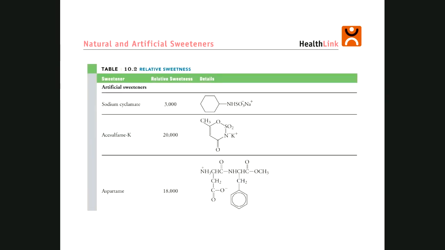The artificial sweeteners are orders of magnitude sweeter. This one is 30 times sweeter, you just have to drop 2 zeros because sucrose is 100. Another one is 200 times sweeter than sugar.